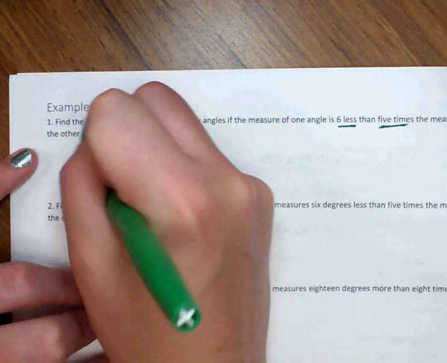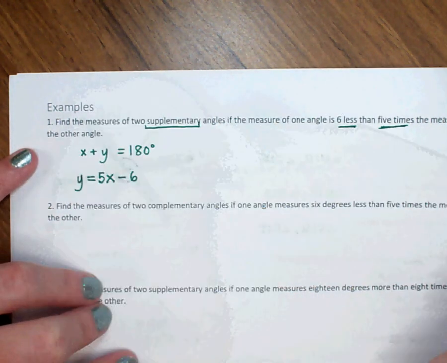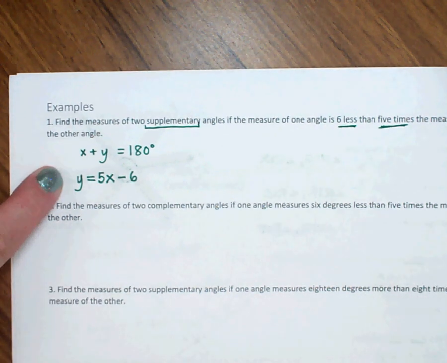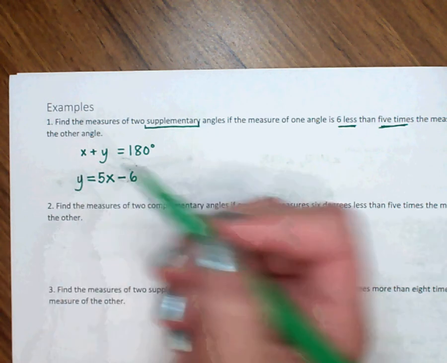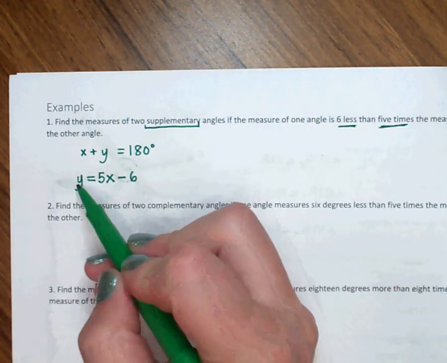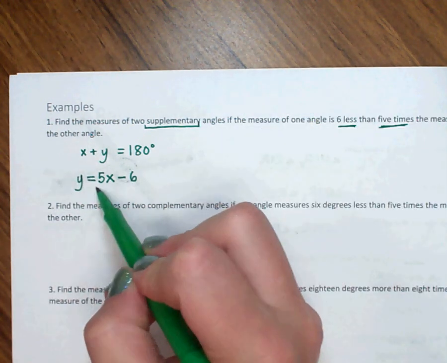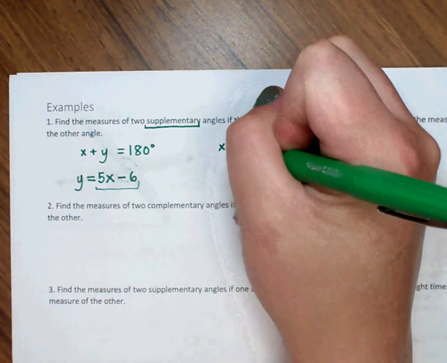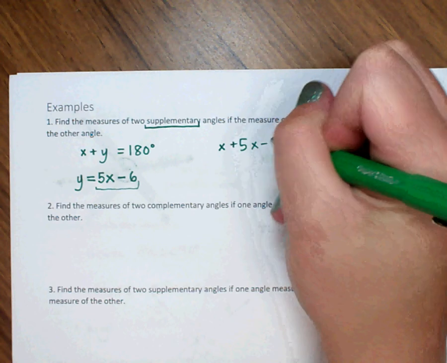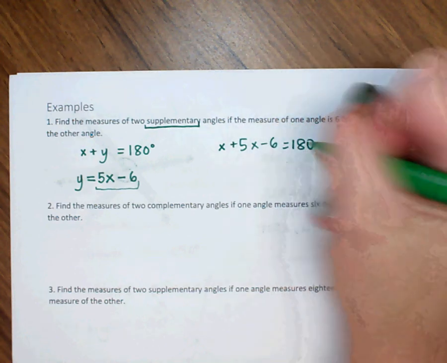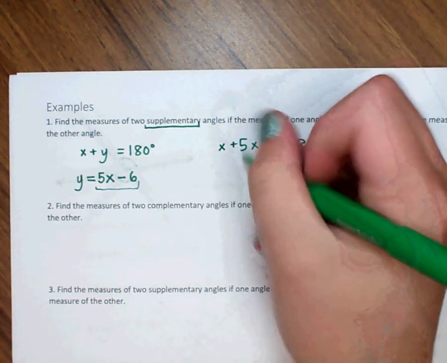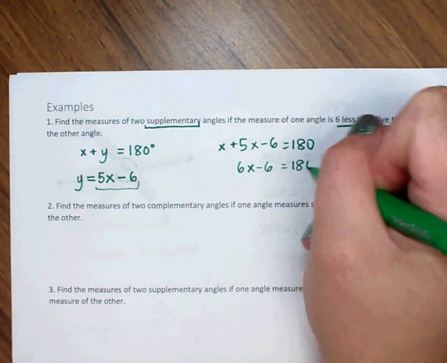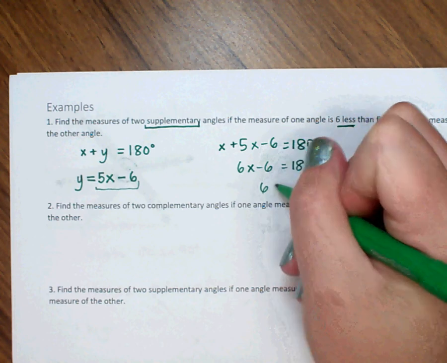So 5 times the measure of the other is 5x. Okay, and we're going to solve this just like we would a system of equations. Okay, I see substitution. I can take all of this and put it in up here. So x plus 5x minus 6 is 180. I can simplify that left side. Add 6 to both sides.